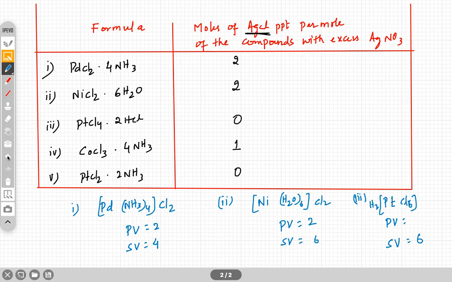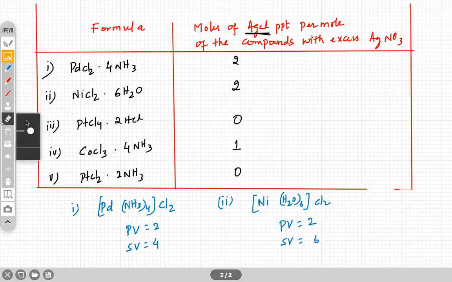I think we should write it this way. The correct representation here is this. Just a second. The third one, chlorine is the donor from HCl. So we can write this as PtCl4·2HCl like this.